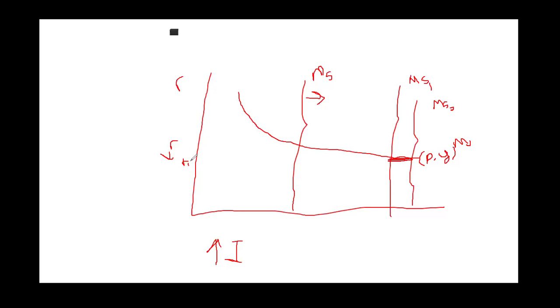It was R1 before, it will remain R1 afterwards, which means that this is called a liquidity trap. That's where monetary policy is no longer effective, all right? This problem did not necessarily say this, but I know the book does talk about a liquidity trap, and this is what a liquidity trap is, all right?